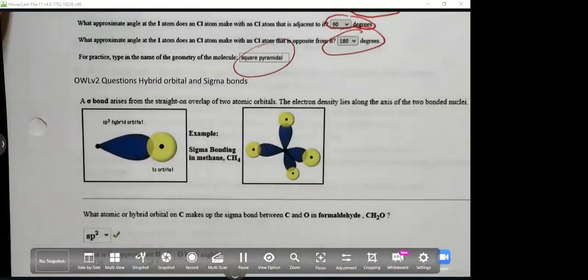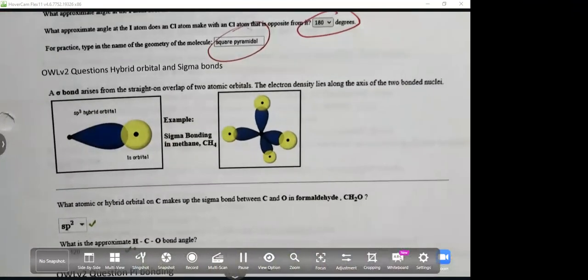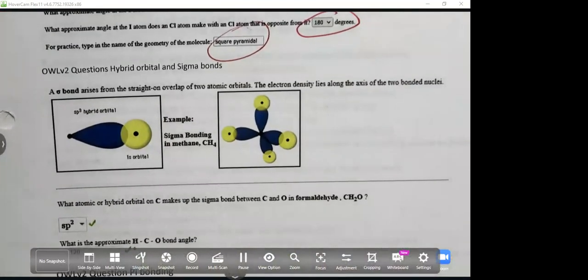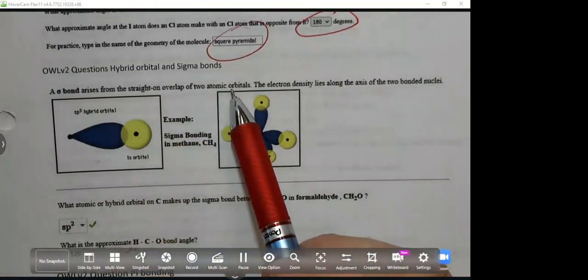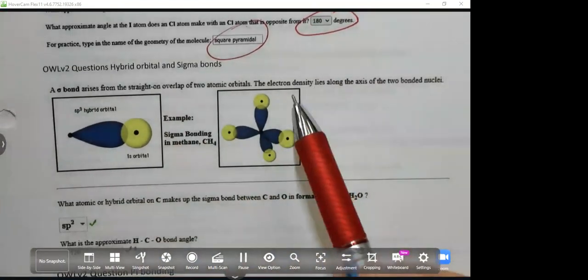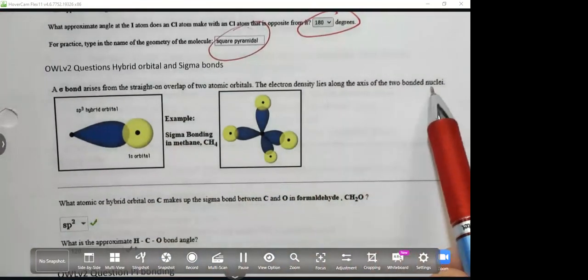Now, what we just covered, hybrid orbitals and sigma bonds. A sigma bond arises from the straight on overlap of two atomic orbitals. The electron density lies along the axis of the two bonded nuclei.